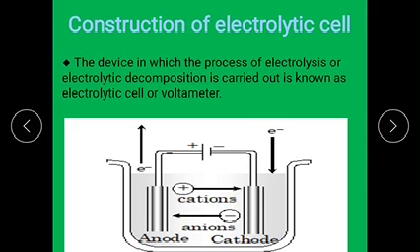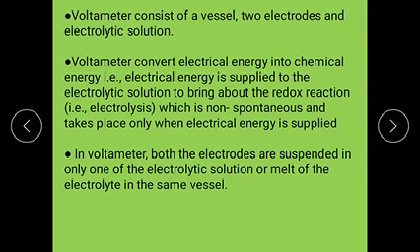The construction of the electrolytic cell: a device in which the process of electrolysis or electrolytic decomposition is carried out is known as an electrolytic cell or voltameter. This voltameter consists of a vessel, two electrodes, and an electrolytic solution.